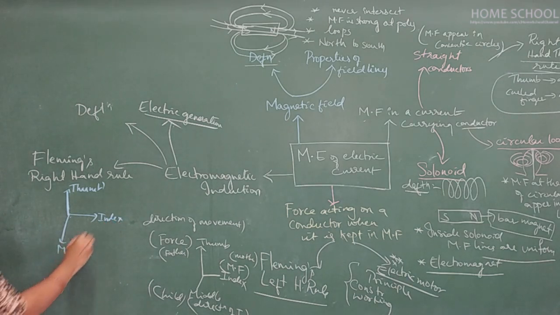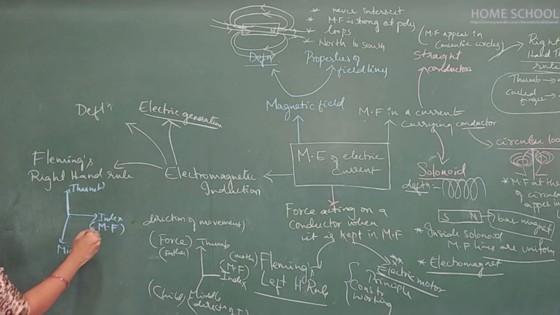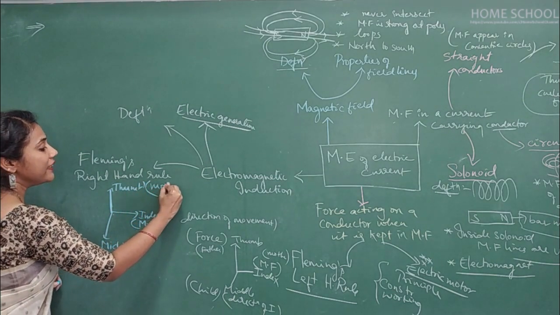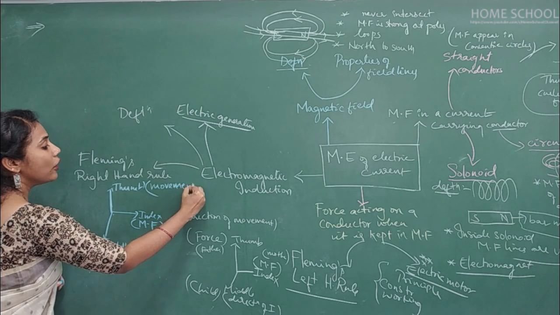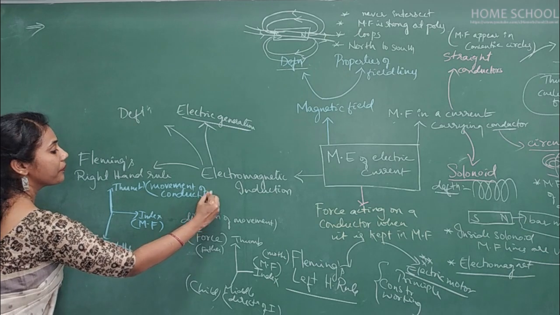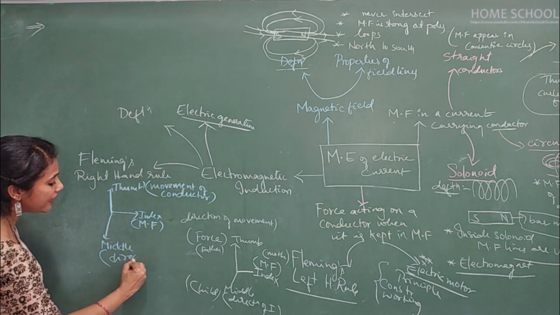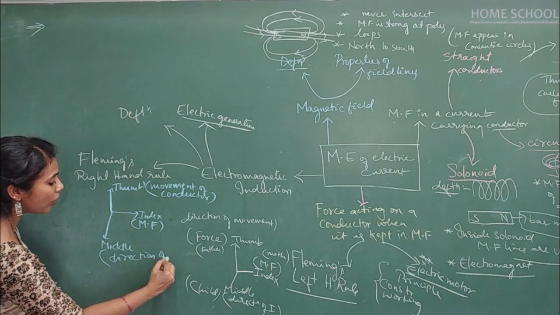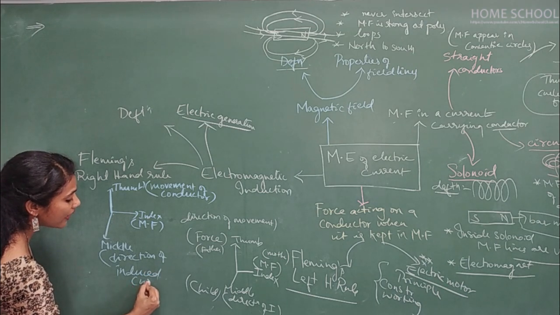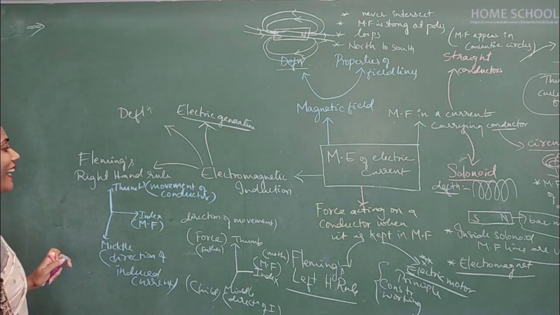If the index finger tells about the direction of magnetic field, and if the thumb indicates the movement of the conductor, then the middle finger will give you the direction of induced current. Okay, so this is all about Fleming's right hand rule.